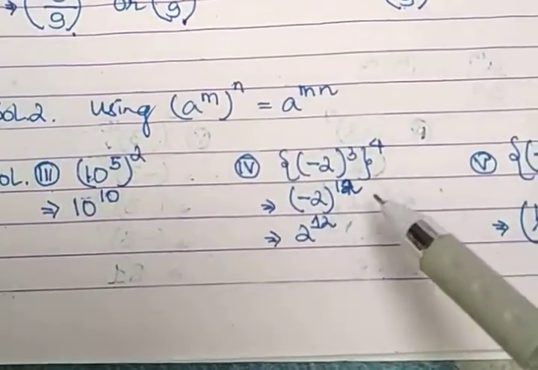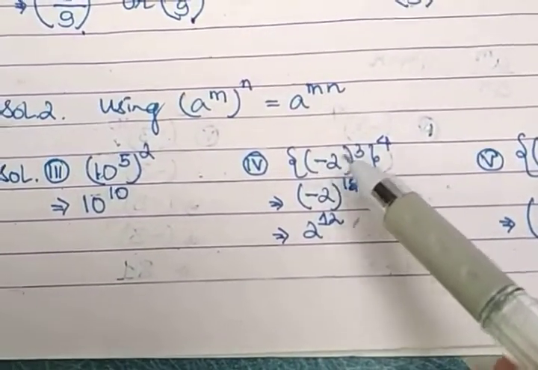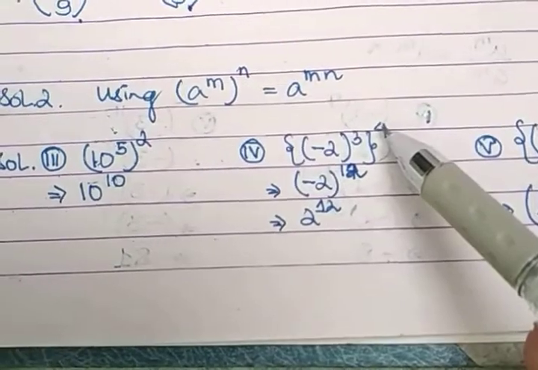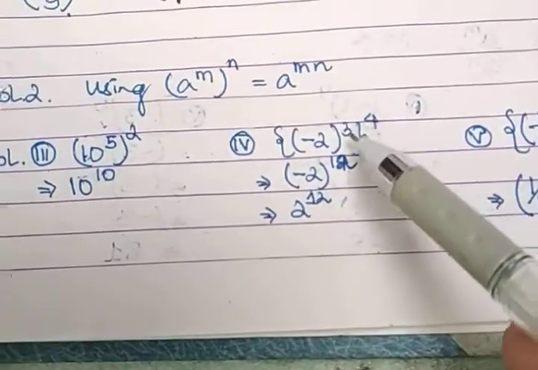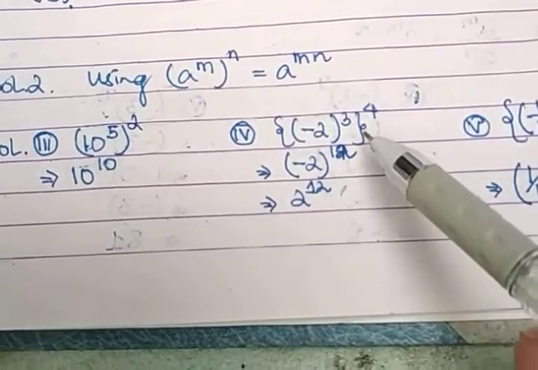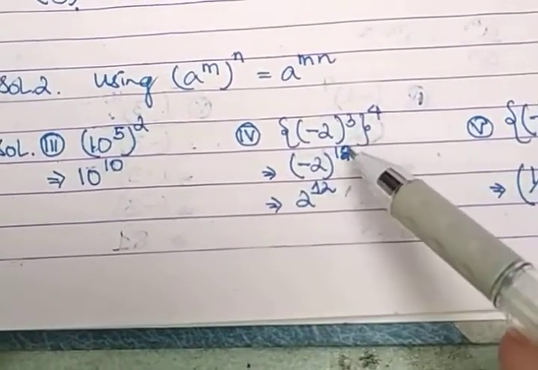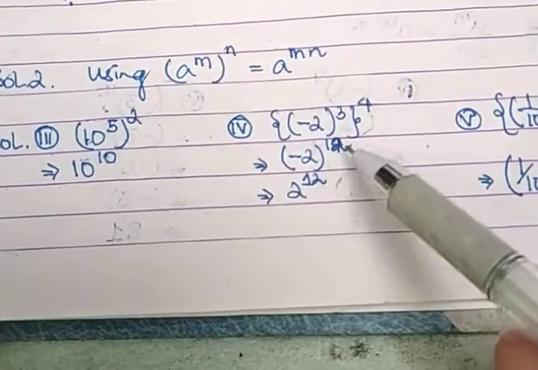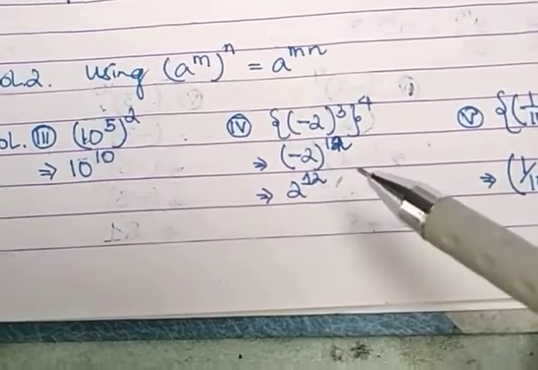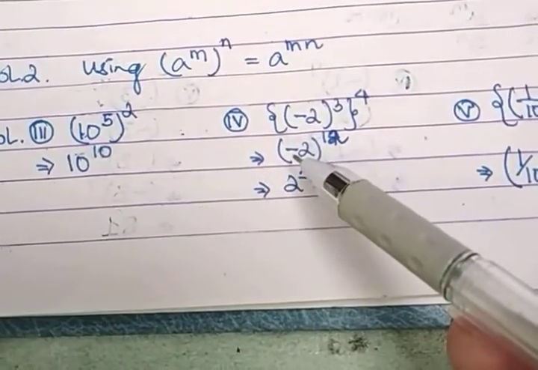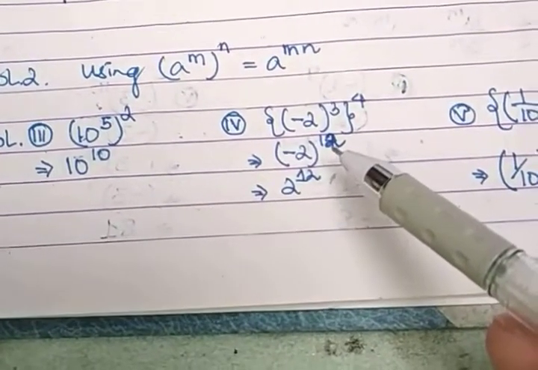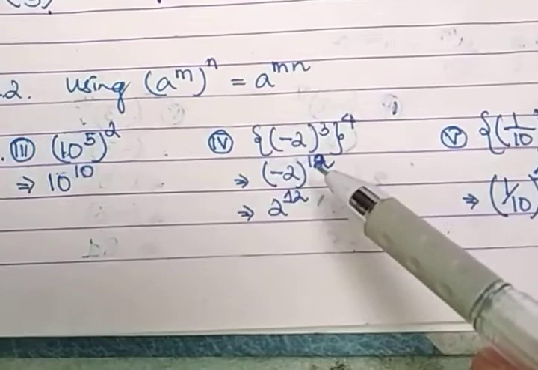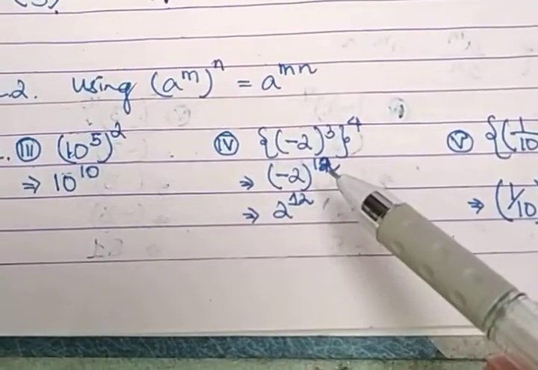Okay, similarly here, see, minus 2 to the power 3 whole to the power 4. It is read as this, minus 2 to the power 3 whole to the power 4. You got two powers in here, again the powers will be multiplied. 3 into 4 is 12. Now see, the base is minus 2 to the power 12. We know that a negative integer with an even number as exponent, the sign will change, not can, will change, isn't it?